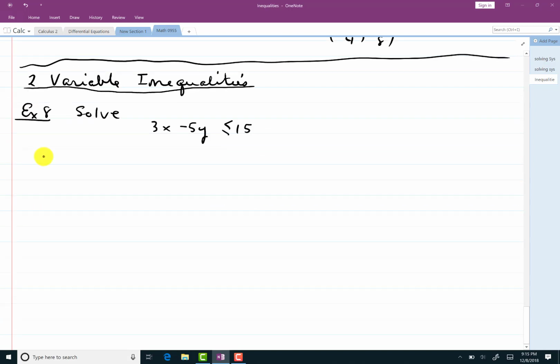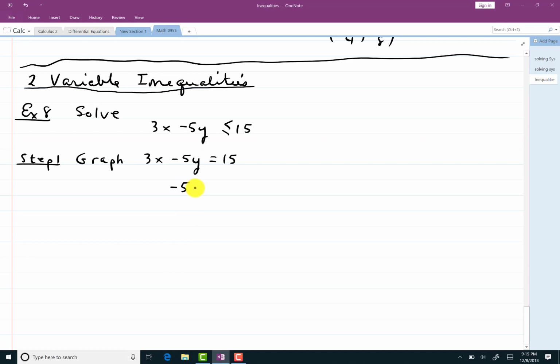The first thing that you do, let's call it step 1, I want you to graph the line 3x minus 5y equals 15. So I want you to get a graph of that. And then what we do to graph this is the same thing we normally do. I'll subtract the 3x.